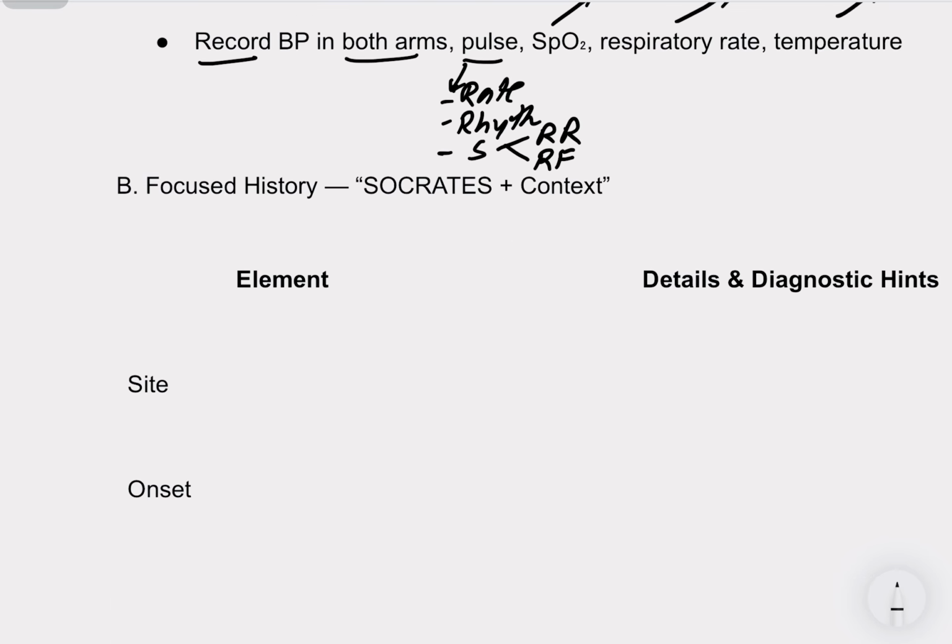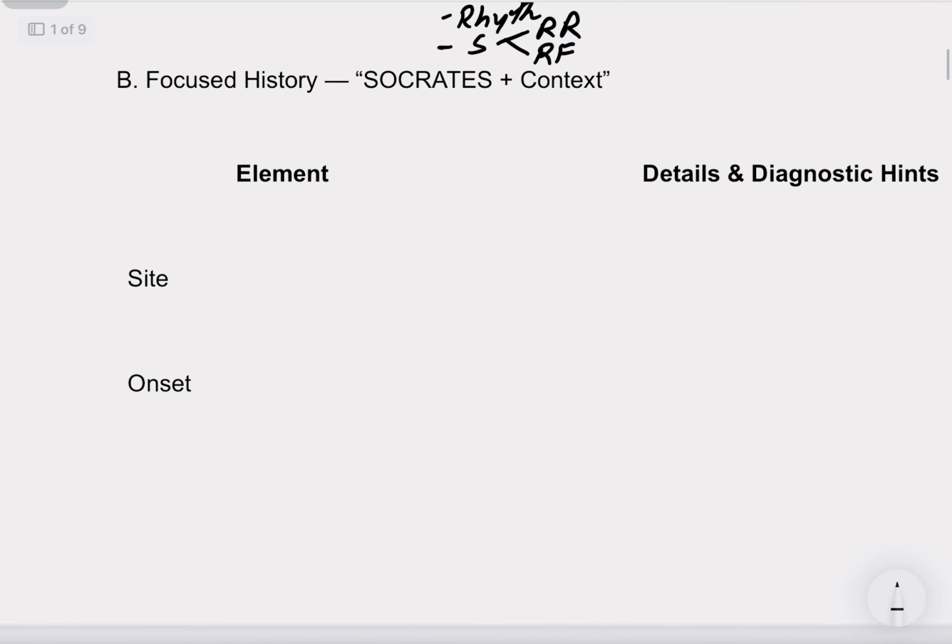It matters, because it will help us go deeper to know the cause. Site: central pain might be due to a cardiac cause. Peripheral or lateral chest pain can be due to pericarditis or pleural causes.